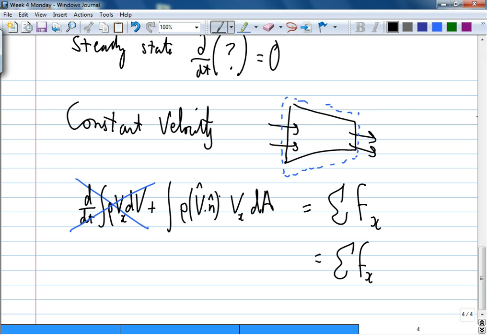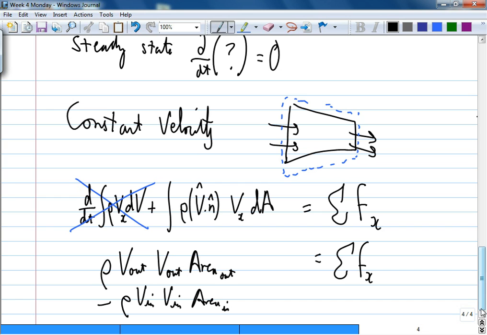So this one, rho v dot n dA is equal to rho V out times V out times area A out, minus rho V in times area in. Because it's constant, there's no need to integrate.